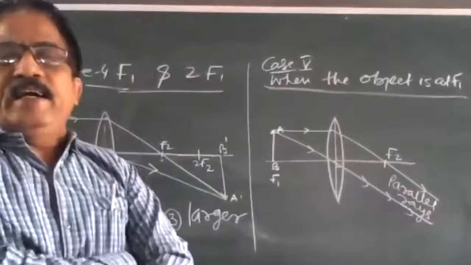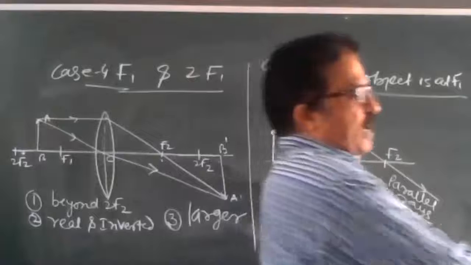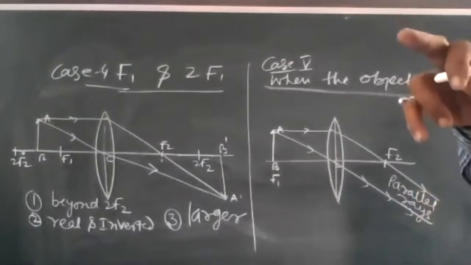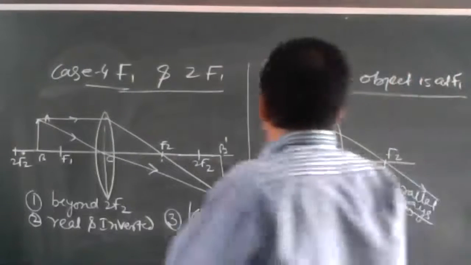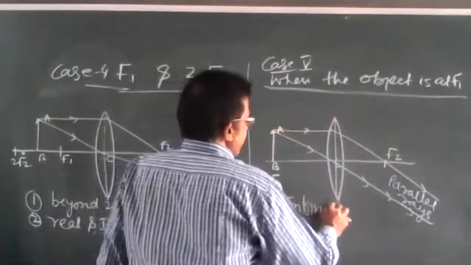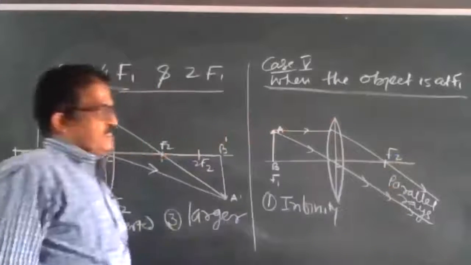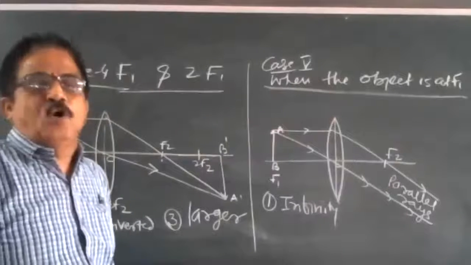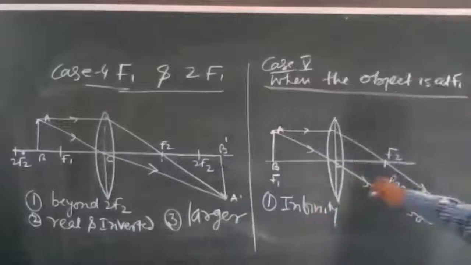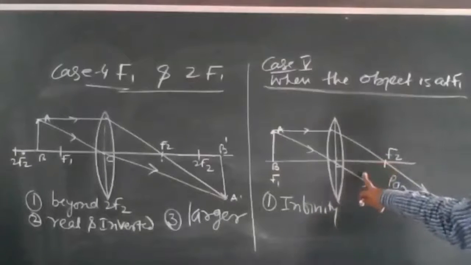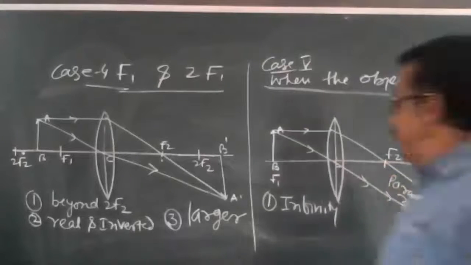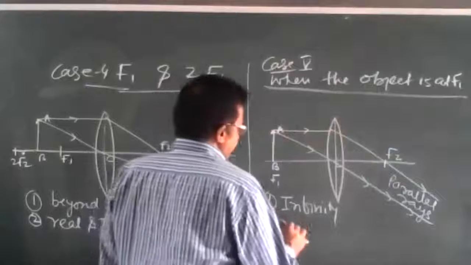When the object is at F1, what are the three important characteristics we are getting? Image formed at infinity on the other side of the lens. Real and inverted, and highly magnified.